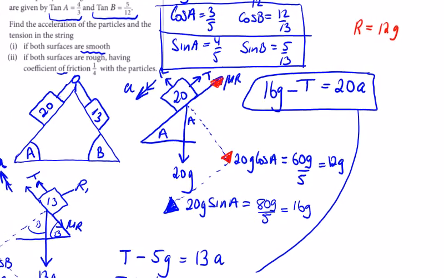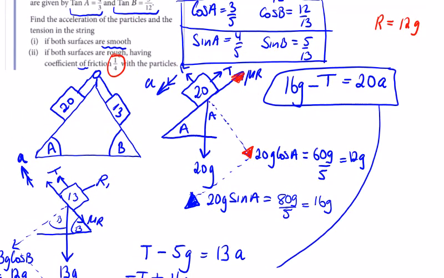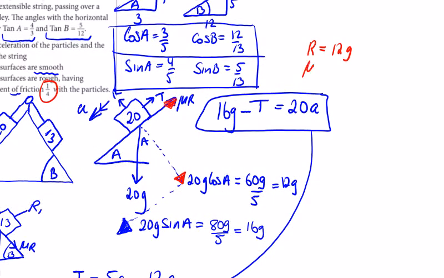We're told mu is a quarter over here. So mu R is equal to a quarter of 12G. You can just write 3G here, so we're going to have 16G minus T minus 3G is equal to 20a, or 13G minus T is equal to 20a.